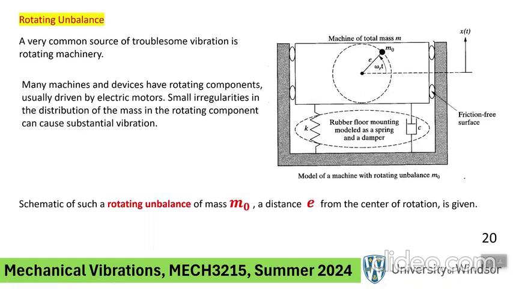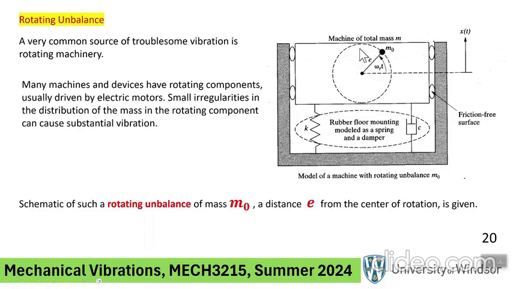Okay, the r stands for rotating. What I would like to do in the next slide is get the mother of all equations for the vertical displacement of the machine. The machine is this big block that you see here, which is going up and down.